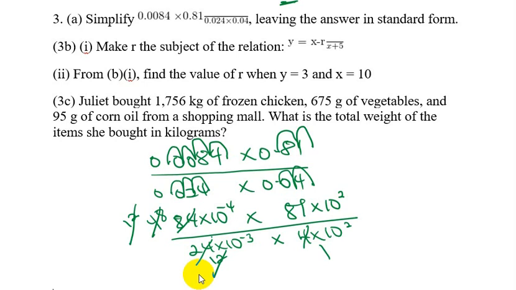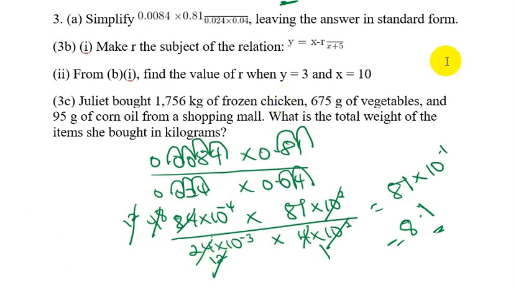We cannot cancel the 81. So we can cancel this one and this one away, and since they are dividing, we subtract. So we are going to get 81 times 10 raised to the power minus 1. So that is 8.1 as our final answer.